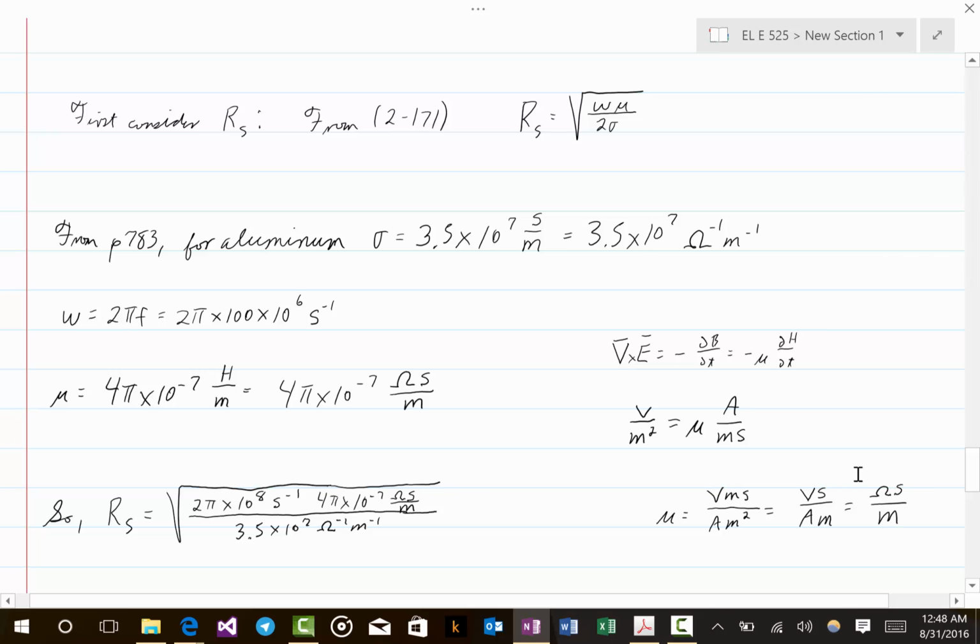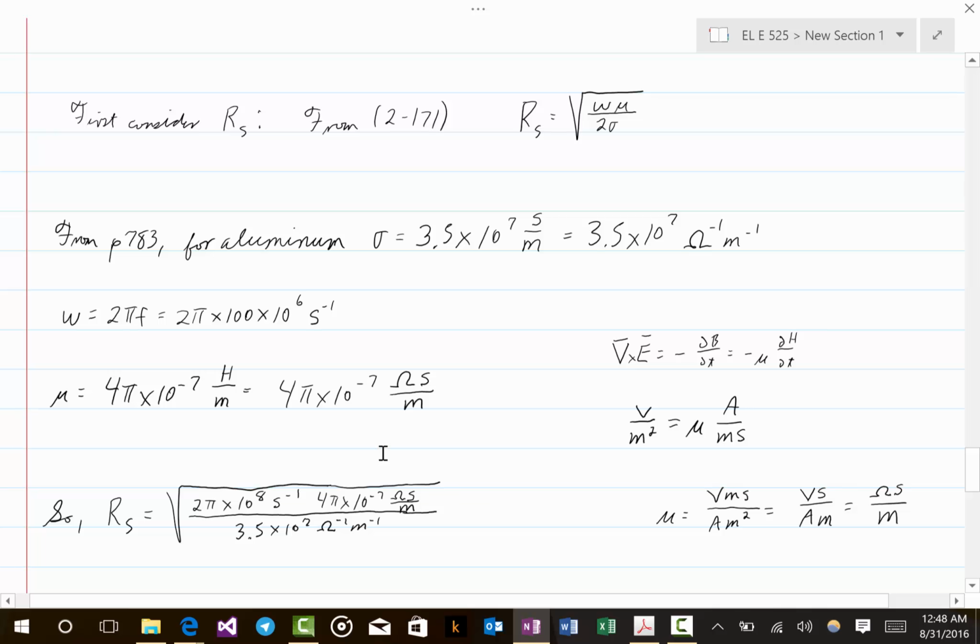Those are MKS units. That is the equivalent of a henry per meter. So in other words, we see here a henry is an ohm second. So we have 4 pi times 10 to the minus 7th ohm seconds per meter. And we will see that if we carry this along, all these units are going to work out just right.